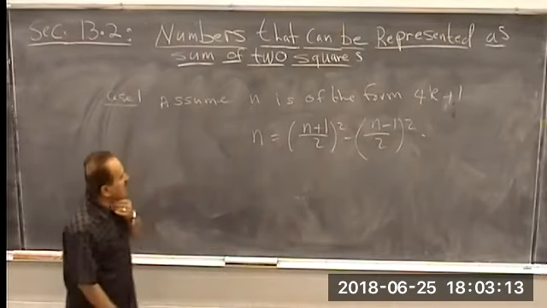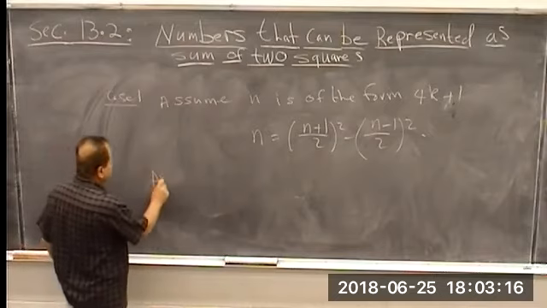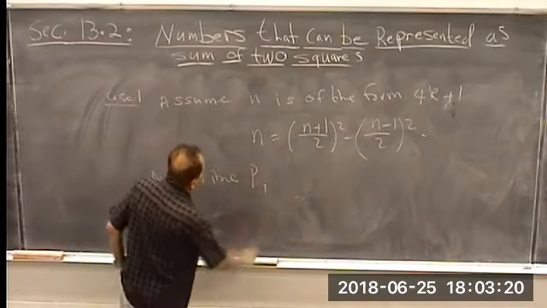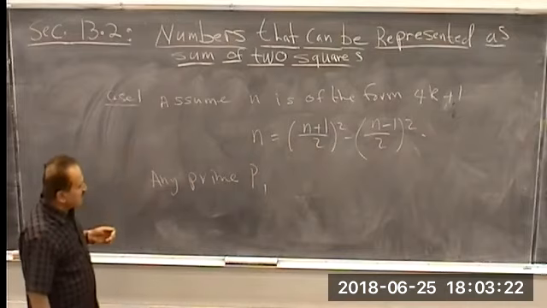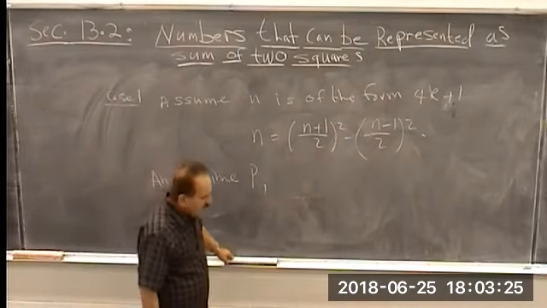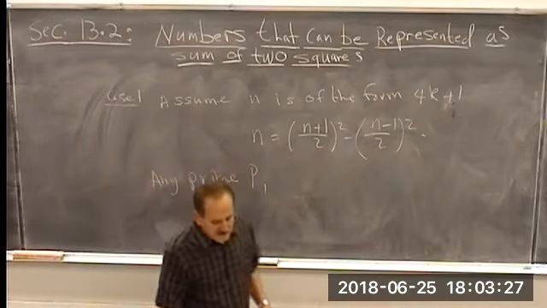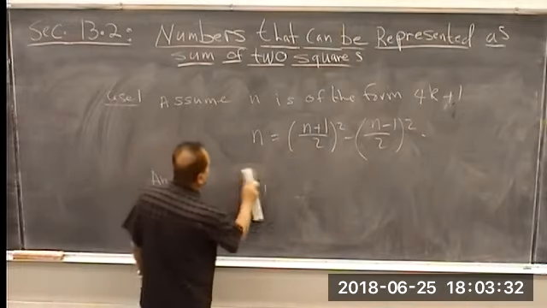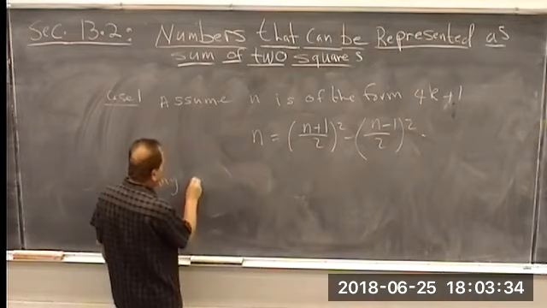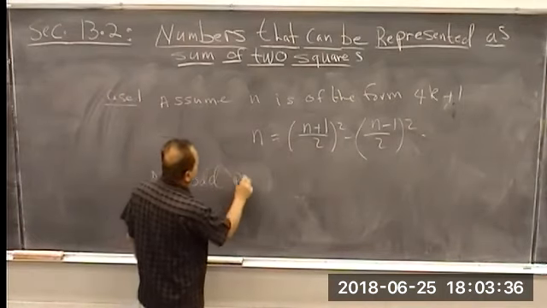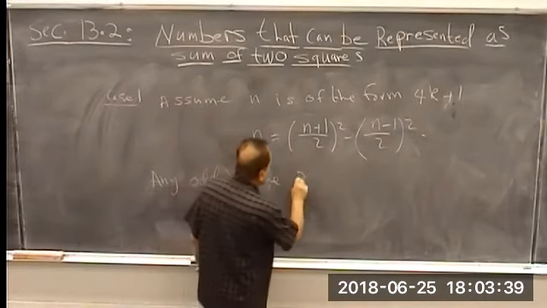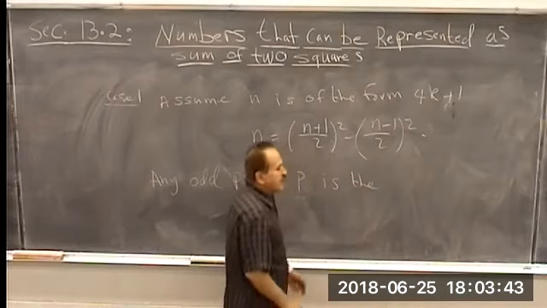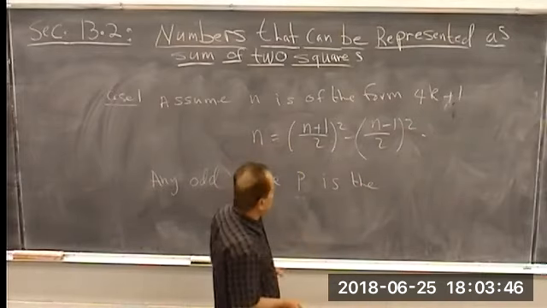Also, for any odd prime p, because it cannot be of the form 4k plus 2, all right?